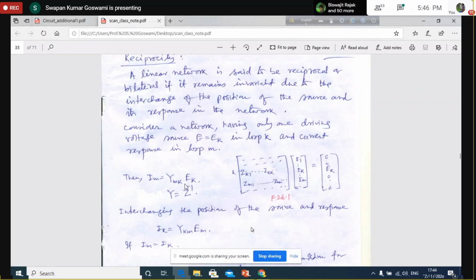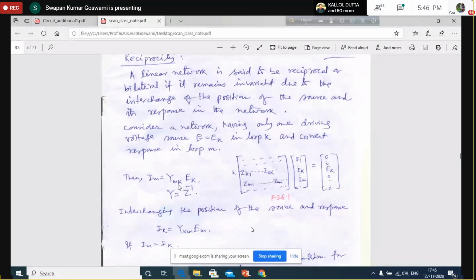The first row will be Y11, Y12, Y13, and so on up to Y1k, Y1m, etc. In the mth row it will be Ym1, Ym2, Ym3, in this way up to Ymk, Ymm. So the inverse has been taken, and the current vector will be equal to the admittance matrix into the voltage vector.